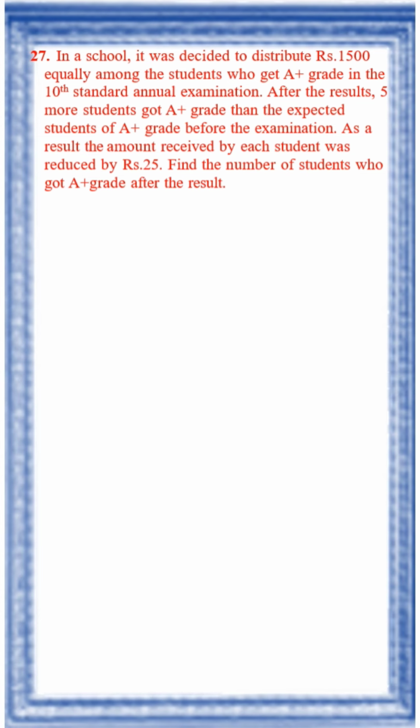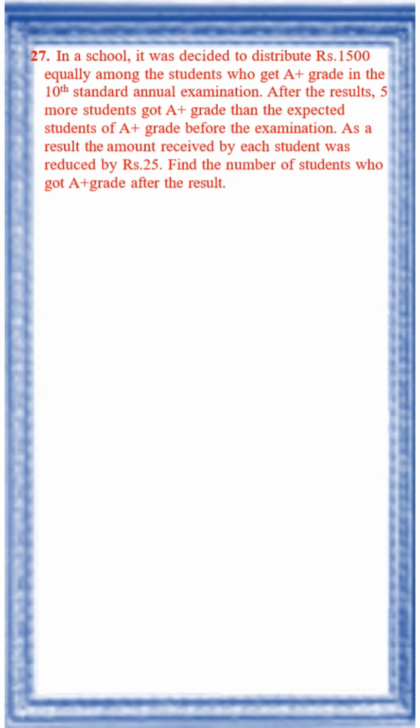Now the 27th question. The question is taken from the chapter Quadratic Equation. In a school, it was decided to distribute rupees 1500 equally among the students who get A plus grade in the 10th standard annual examination.